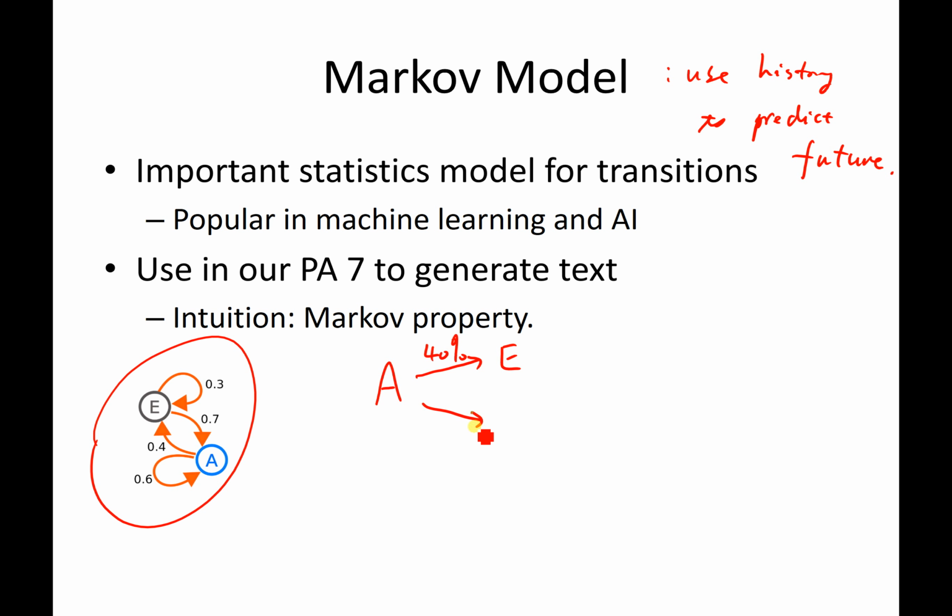The chance for it to stay in A without changing is 60%. So the chance for A to go to either A or E is always 100%, because the probabilities sum to 100%. Similarly for E, the chance to go to A is 70%, and the chance to stay as E is 30%.